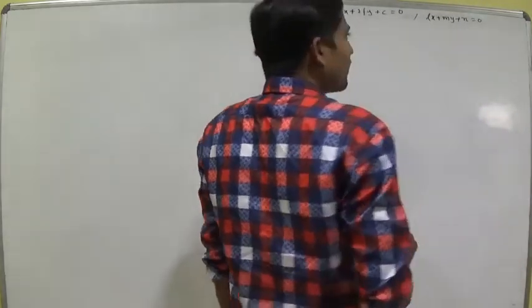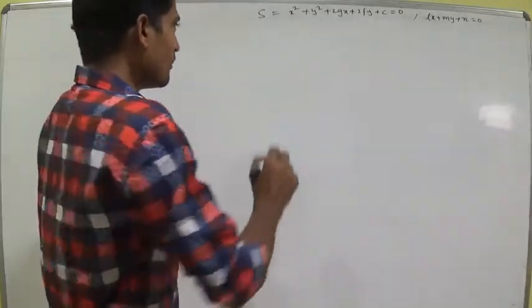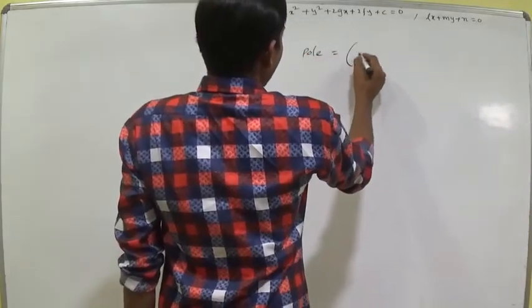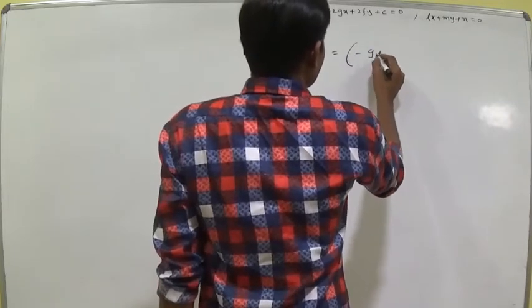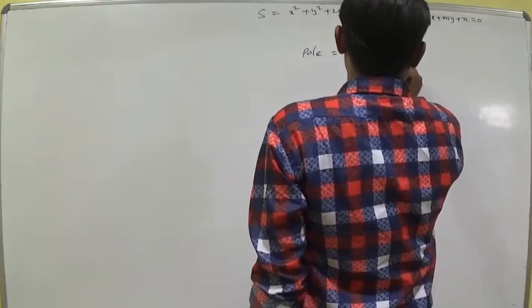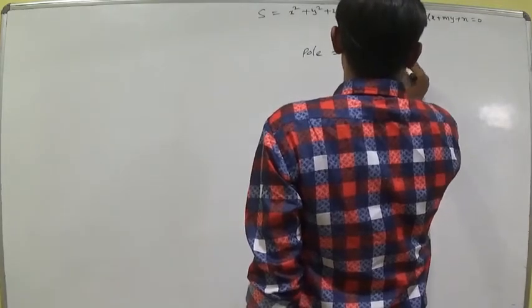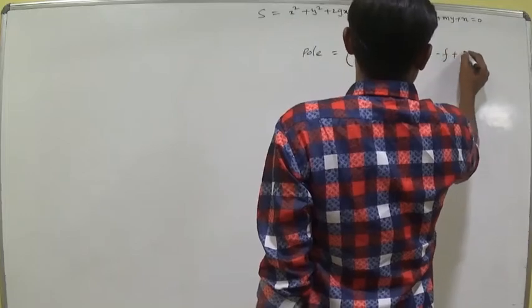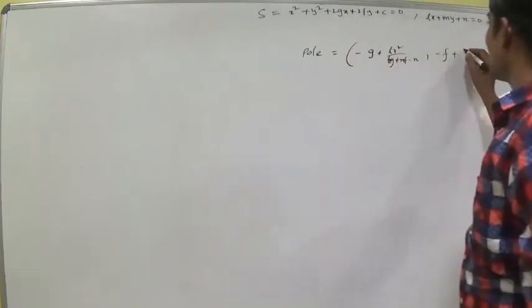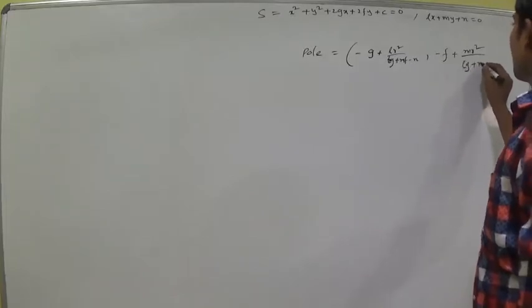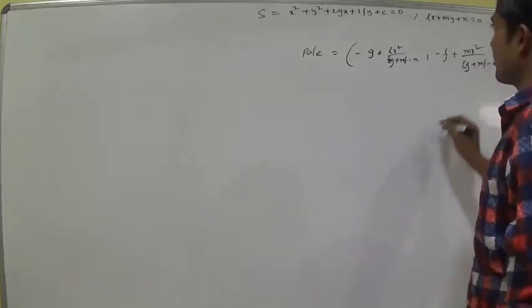Then the pole is equal to minus g plus lr square by lg plus mf minus n, minus f plus mr square by lg plus mf minus n.